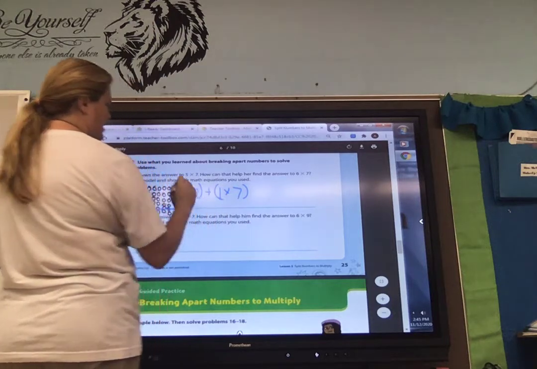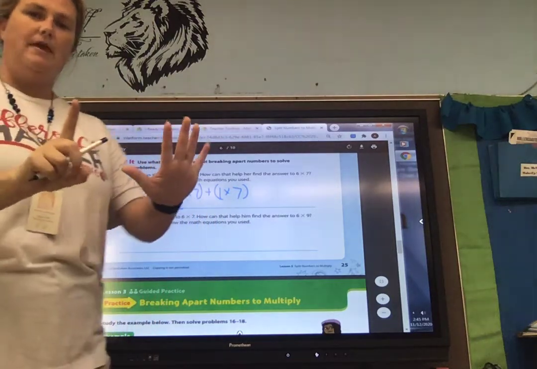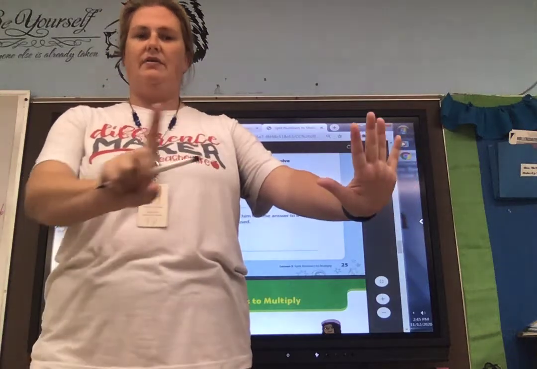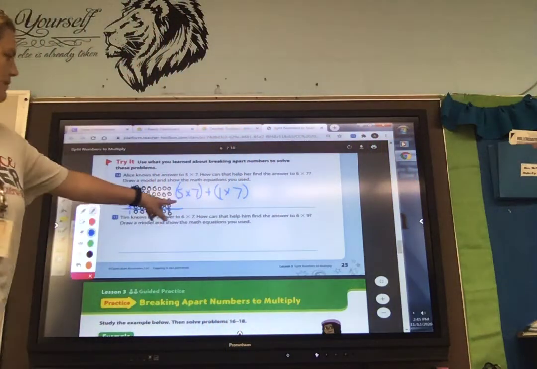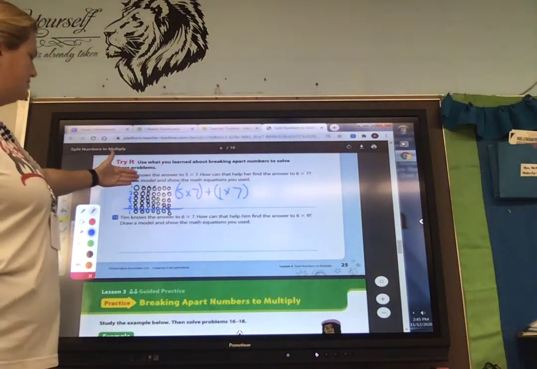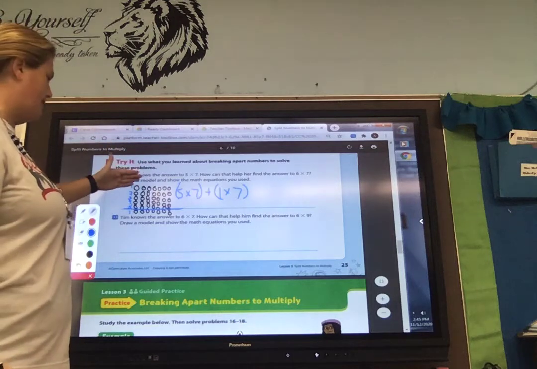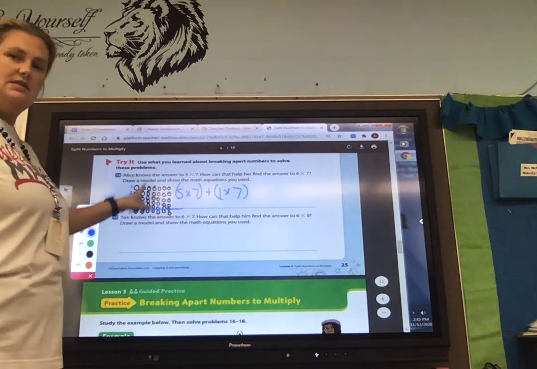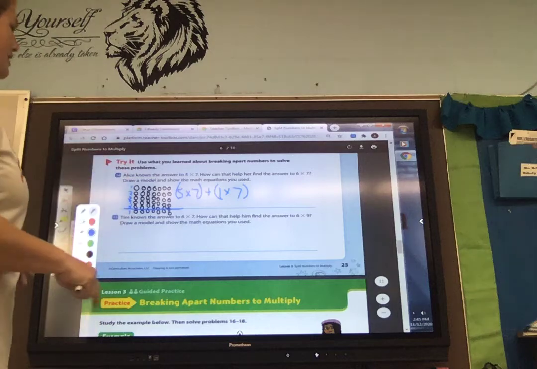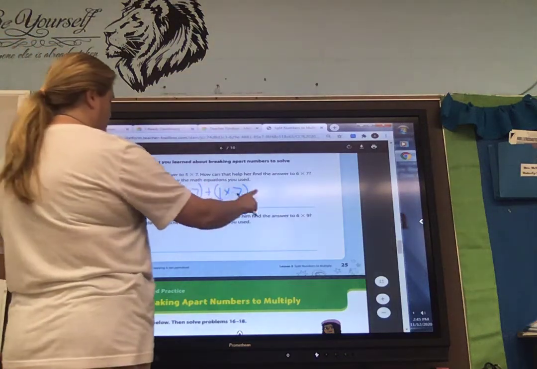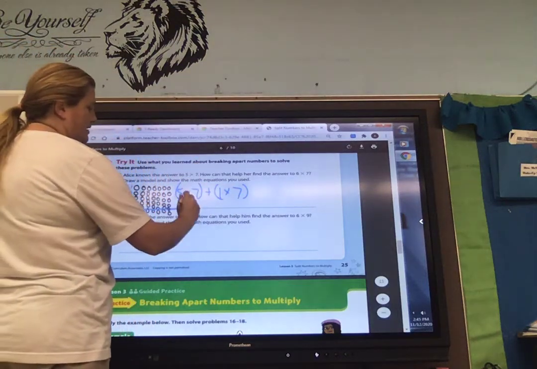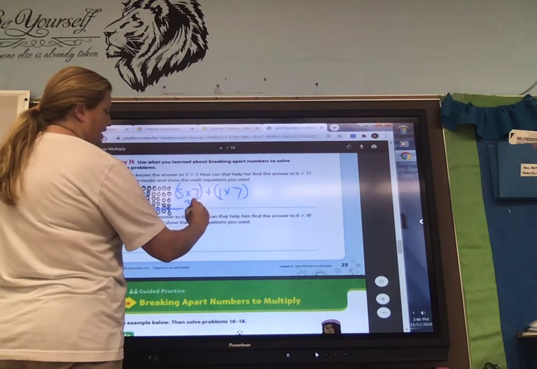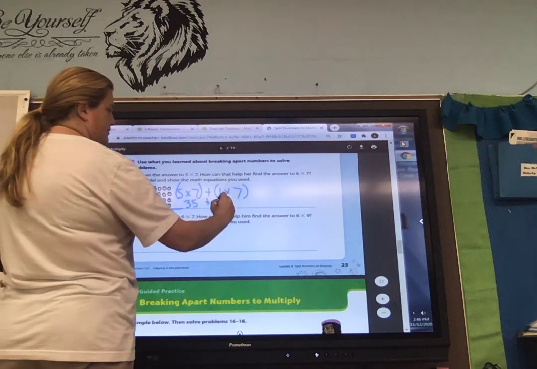We can take that factor of 6 and break it apart into 5 and 1. And that's what my blue line does. It separates it from 6 rows into 5 rows and 1 row. It's the same array. I'm just going to break it up into those 2 smaller factors. What's 5 times 7? 35, plus 1 times 7, 7.